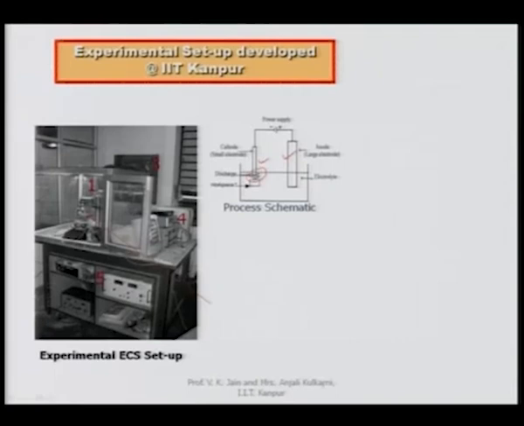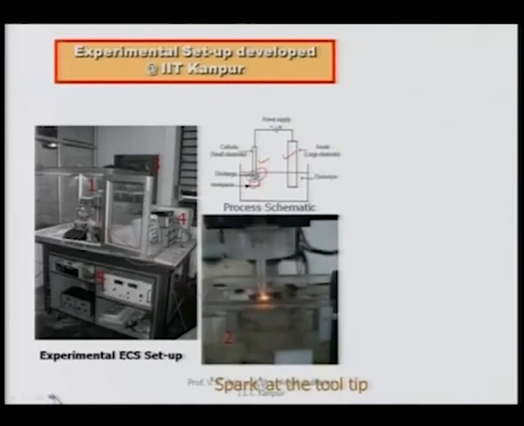Near to this discharge the workpiece is there, and because of the proximity of the workpiece to the spark, material is removed by melting and vaporization. You can clearly see the spark being created near the cathode, across the hydrogen bubble, and you can see the shining picture of the spark.